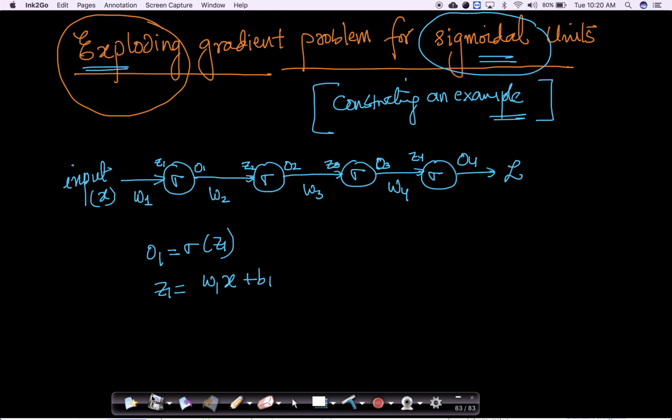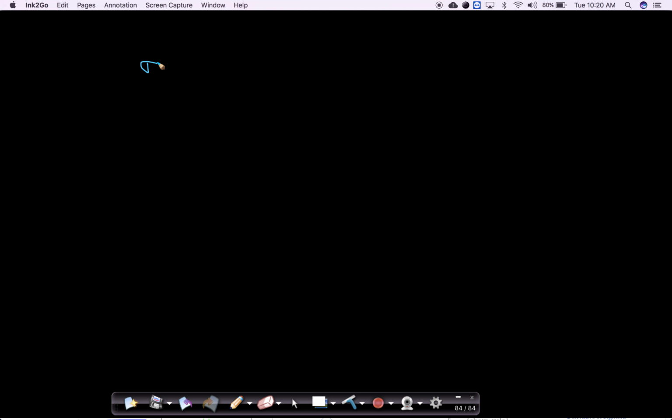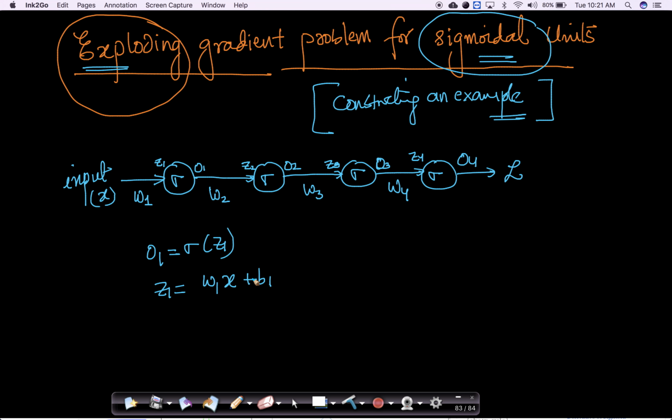Remember, my activation unit acts on Z, and Z we typically write as W dot X. But we can also add a bias term, which we often ignore, but let's add it here for simplicity. So I'm adding my B1 here. In addition to weights, there is also a bias in each unit.